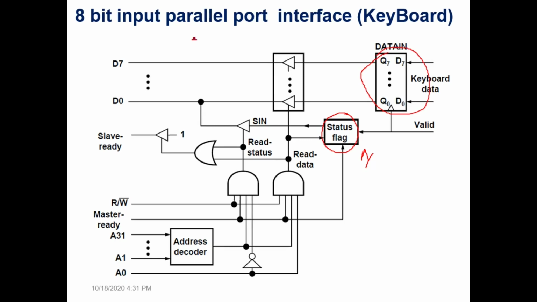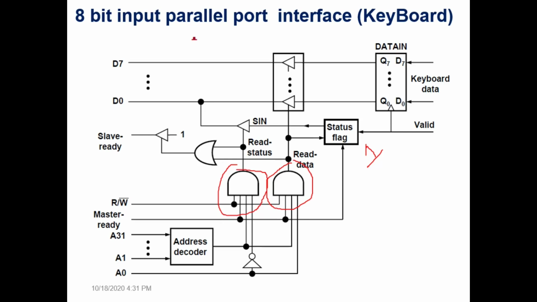Now the processor makes two operations. Once, the processor reads this status flag to check whether data is there in the data in or not. Second time, the processor actually reads the data in buffer to get the data from the keyboard. Both the operations are controlled by two AND gates here, which control the read status process and the read data process.